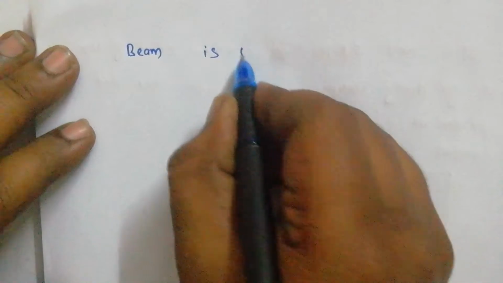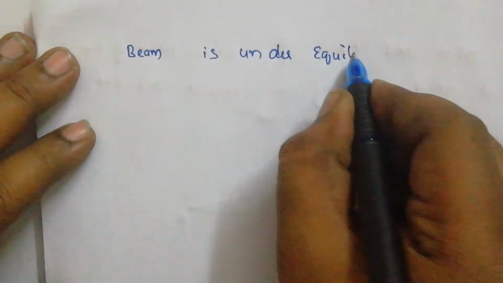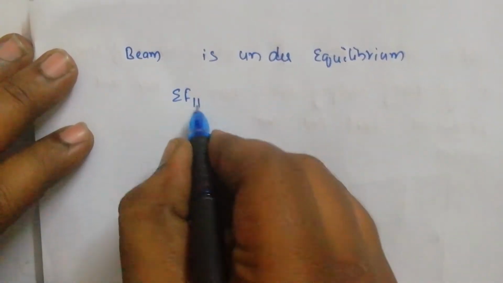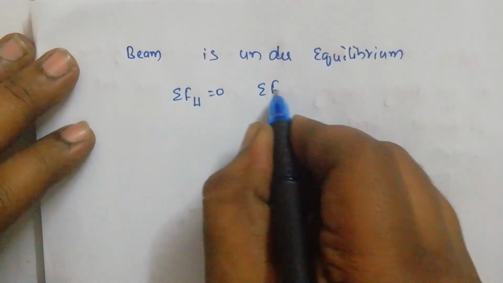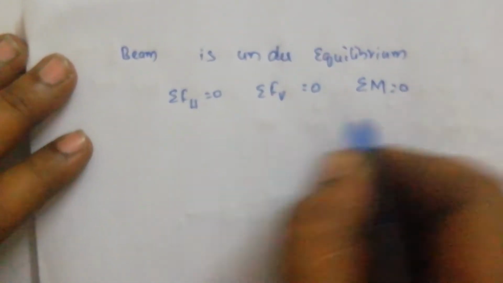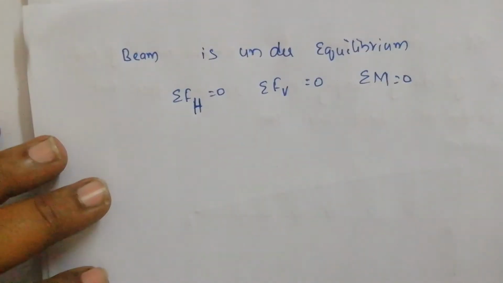First of all, whenever the beam is given, the very first thing we have studied and followed in the last sections is that the beam is under equilibrium. That means summation of horizontal forces is equal to 0, summation of vertical forces is equal to 0, summation of moment is equal to 0. Already I have told that whenever there is a fixed support you will have two reactions.